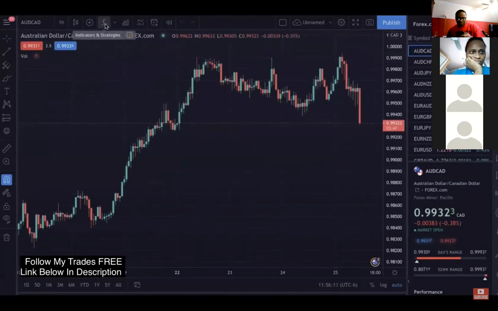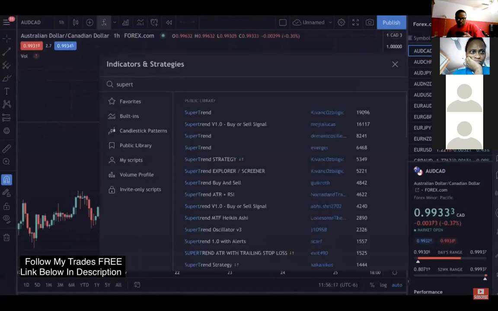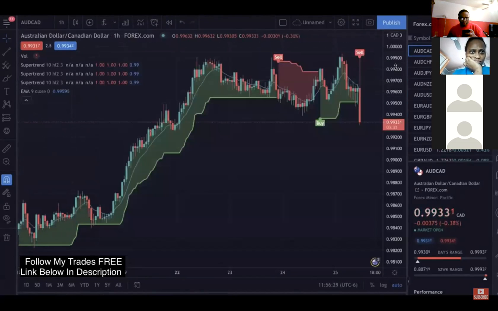So go here, click here for the indicators and strategies. Supertrend, right? We're going to do this 3 times. 1, 2, 3. And we're going to do the EMA, the moving average exponential. Do that once, exit out. And now here's where we're going to change the settings. Pay attention to all of this stuff.